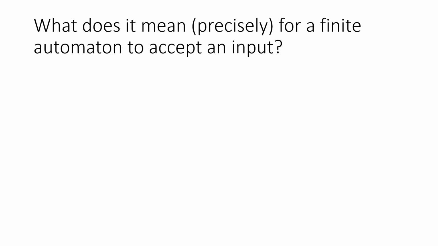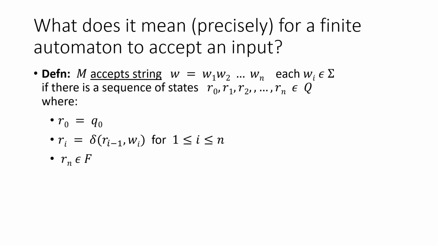All right, so the definition is that a machine, finite automaton, accepts a string W equal to W1, W2, up to Wn, for each Wi in sigma, if there is a sequence of states R0, R1, R2, up to Rn in Q, where R0 is equal to Q0, Ri is equal to delta of Ri minus 1, comma Wi, for 1 less than or equal to i less than or equal to n, and Rn is in F. So that was the specific definition.